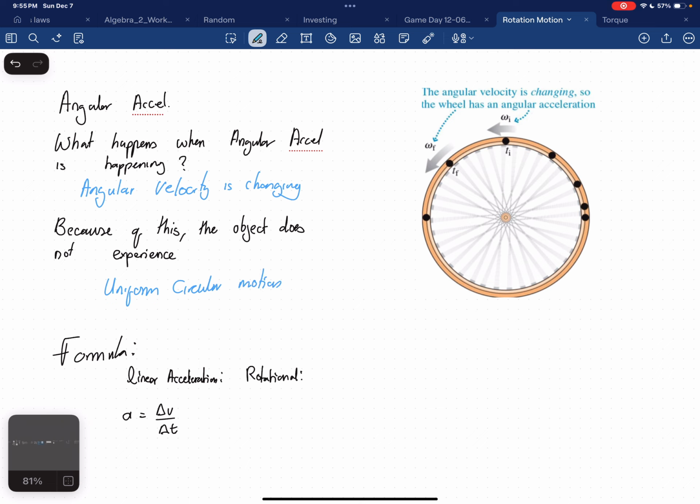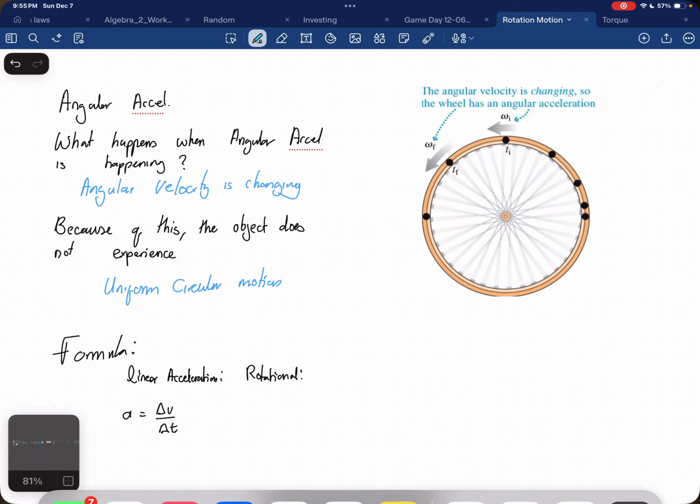The velocity had to be constant. It was only accelerating because it was changing direction. But now we are changing direction and we are also changing our velocity. We know it by alpha. The formula for angular acceleration is just the change in angular velocity over time. Something I believe we're comfortable with.